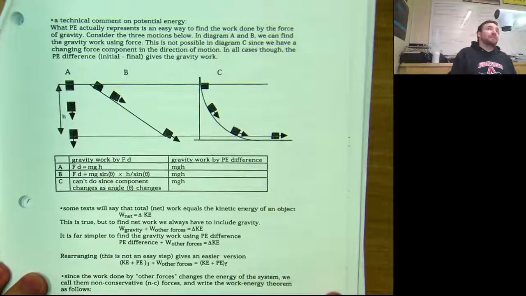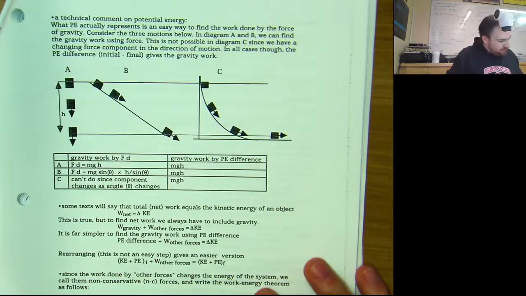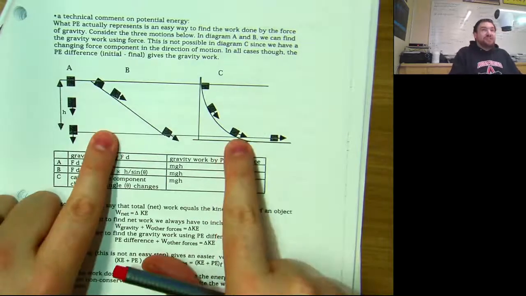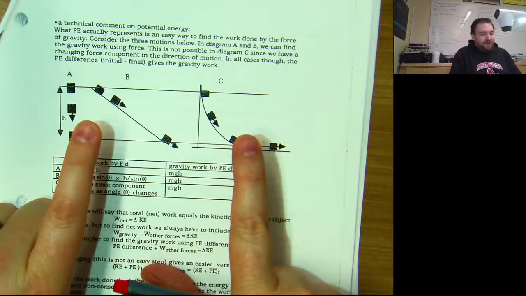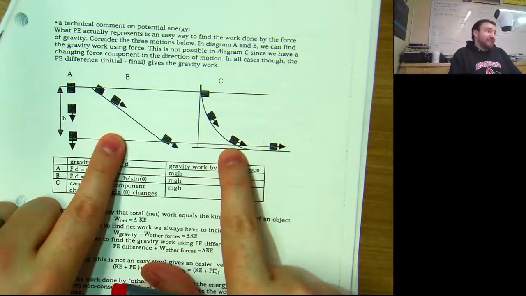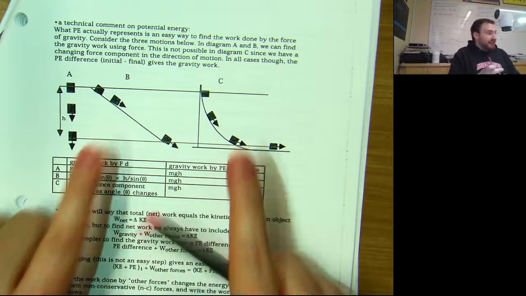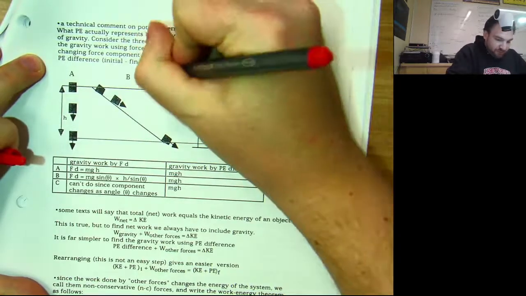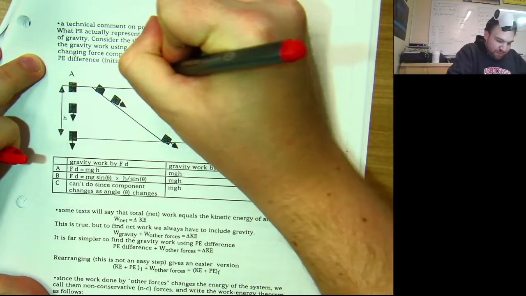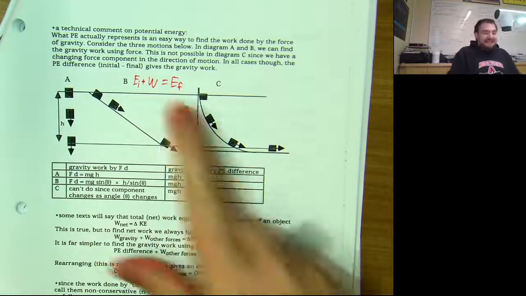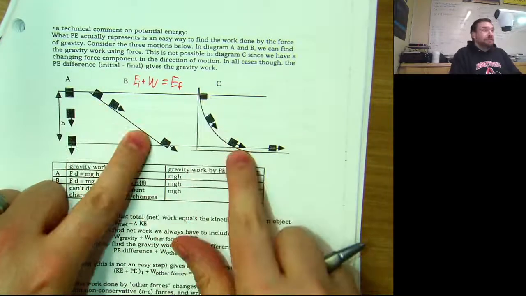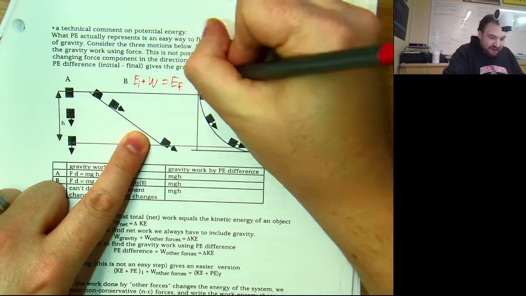And the implication there, flip the page, is that these two situations are equivalent. Okay? Because, yeah, it looks like different drawings. But looking at the work energy theorem, if I use energy initial plus work equals energy final, does it care what happens in the middle?